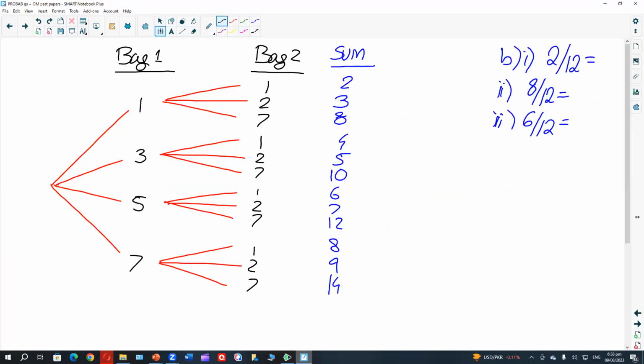Now I'm adding a column of the sum. You should also add a column with me, the blue column, add it.